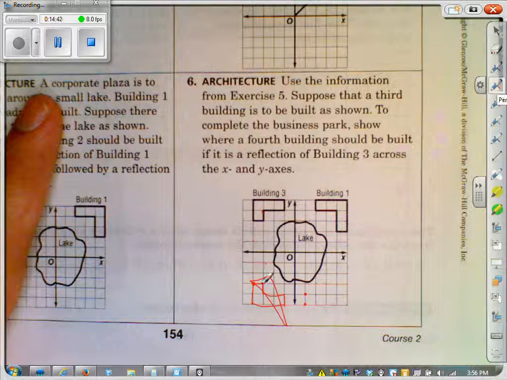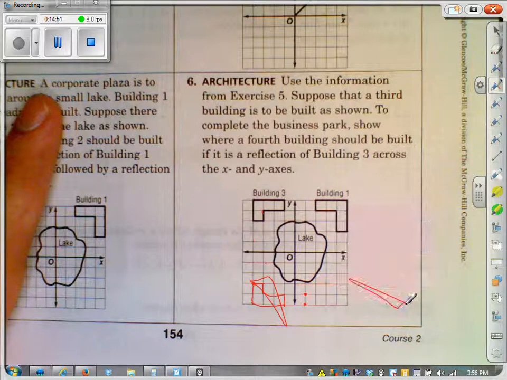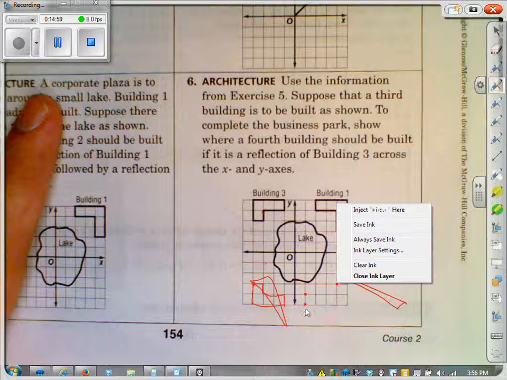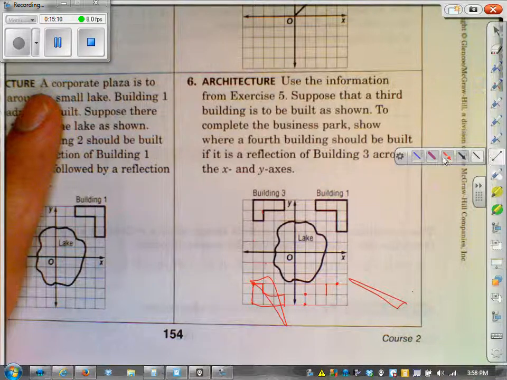Counting again, 1, 2, 3, 4, and 1, 2, 3. So here's our new building.